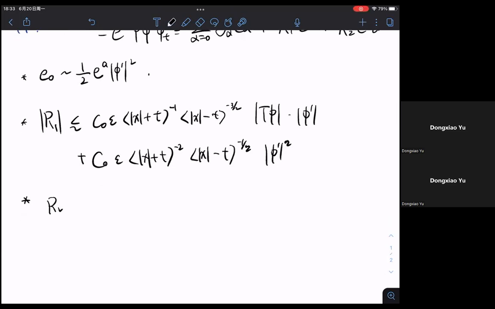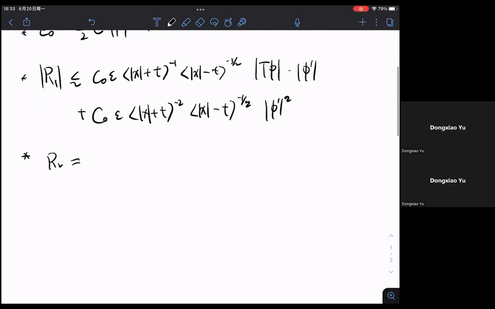Let me write down the formula for R2 here. If you want to know how we get this explicit formula, please refer to the lecture notes or our previous class.